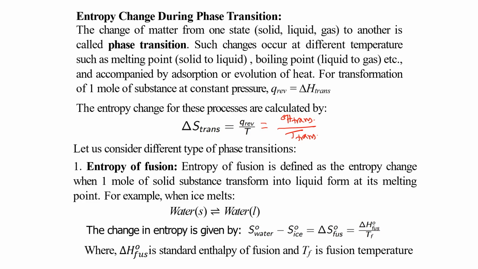Conversely, suppose you have liquid water and it transforms into ice. Then water is losing heat, so delta H transition will be negative in that case, and T transition for liquid water to ice is 0 degrees Celsius or 273 Kelvin. This T transition we need to express in absolute temperature.